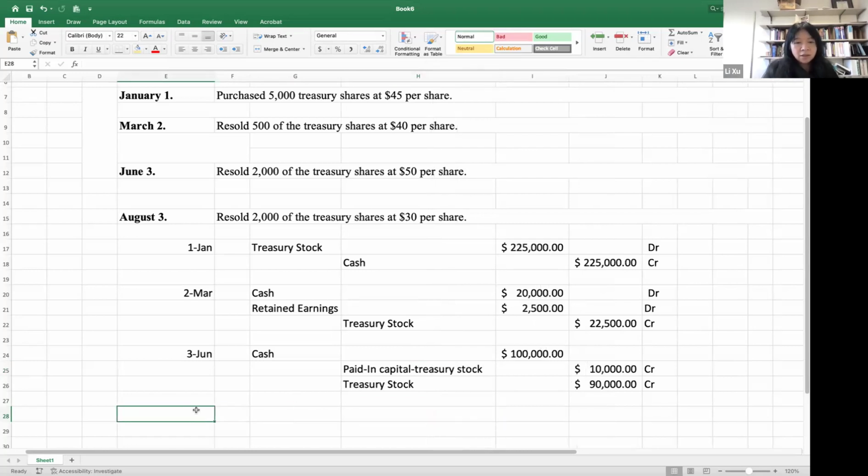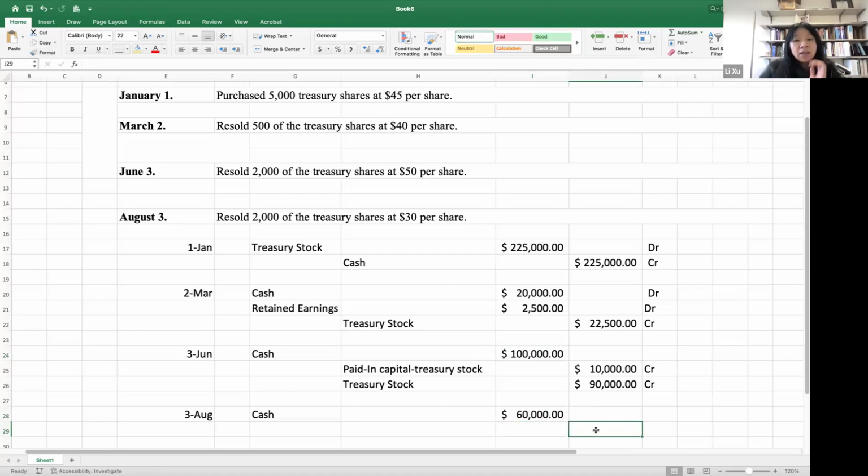All right, now continue. On August 3rd, the company sold again. Just like what we did before, we use the cash account to capture how much you receive. You sold 2,000 shares, and this time you sold at $30. So for this transaction, you actually received 60,000.